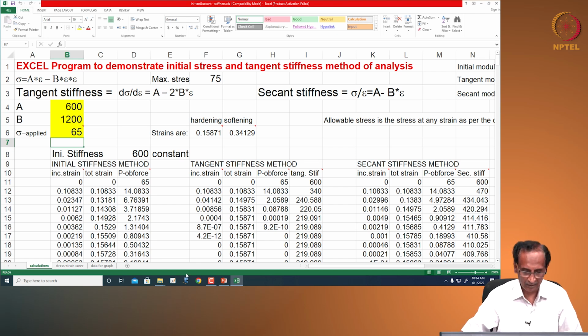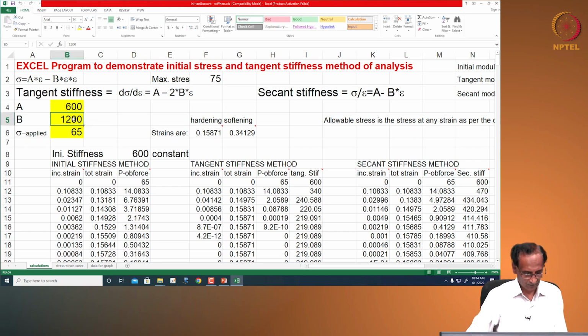This particular equation that we are solving is A epsilon minus B epsilon square, and A is 600, B is 1200, the way we have seen, and the maximum stress that you can apply for these properties is 75, and that depends on these A and B values.